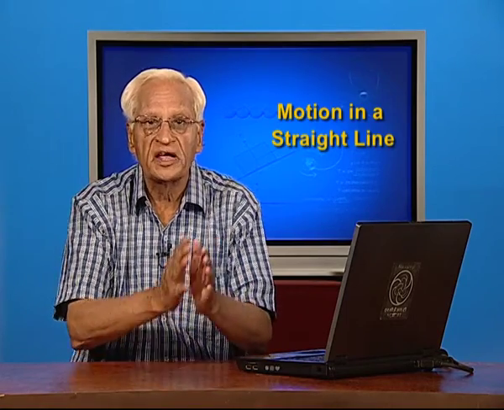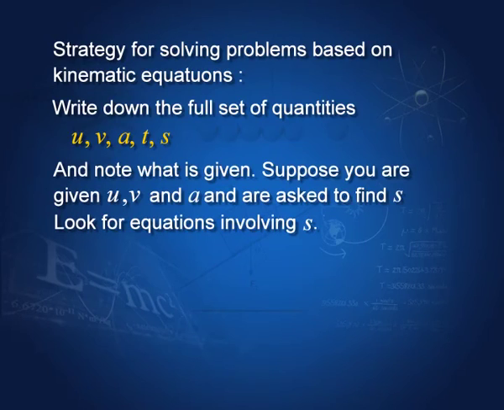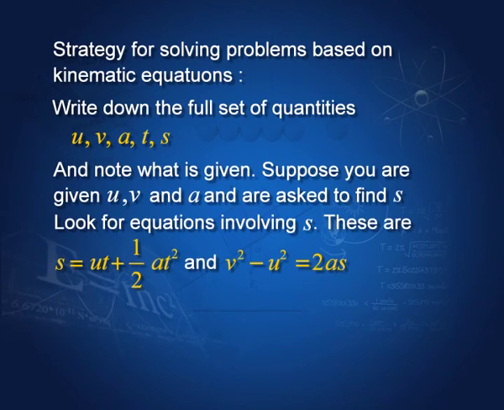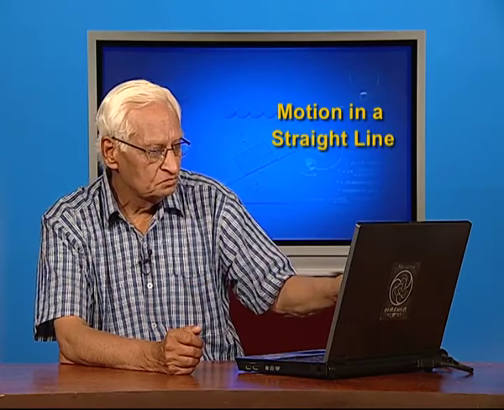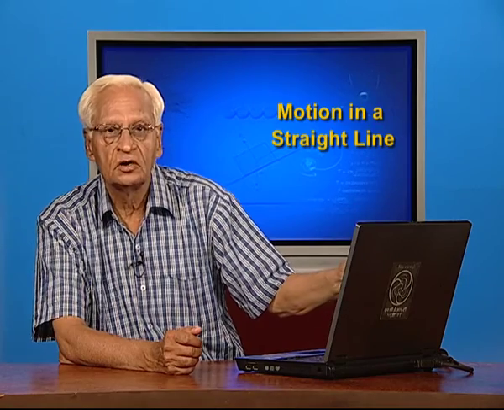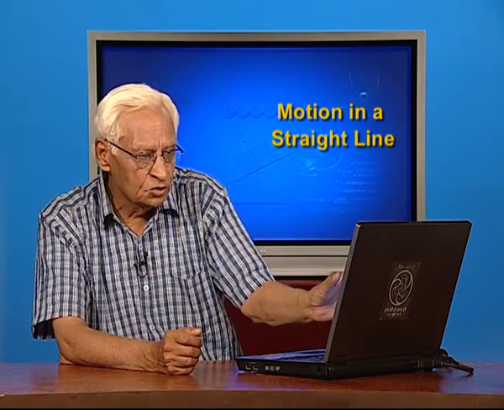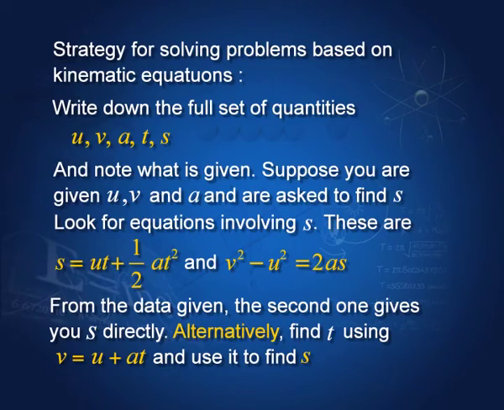Then you look at the appropriate equation which connects u, v, a with s, and one of these equations is s equal to u t plus half a t square. So, we can use that equation to find s. We can use also v square minus u square equal to 2 a s to find s if we know the final velocity and the initial velocity. So, first make a full set of quantities available to us, then those which are given, and then find the equations which connect those quantities.